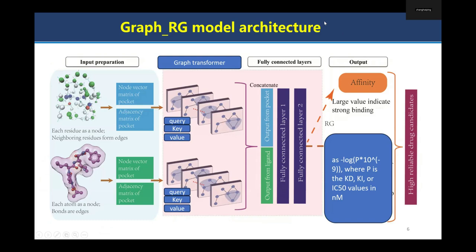For the graph RG model architecture, we also developed an affinity prediction model, inspired by our previous work, and the only improvement is the transformer part. I think it is very suitable for predicting protein-ligand affinity if we only know the binding site but are not quite sure of the exact binding position.